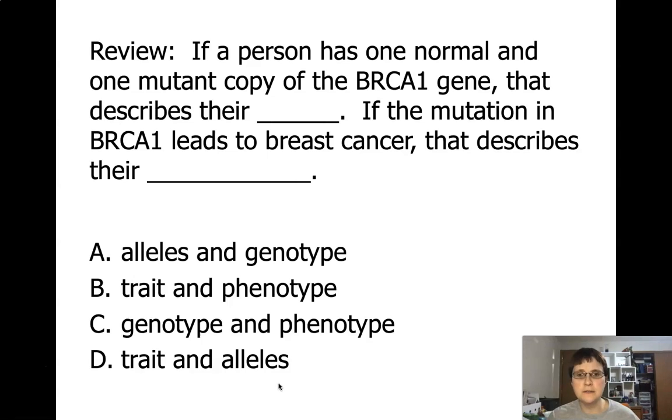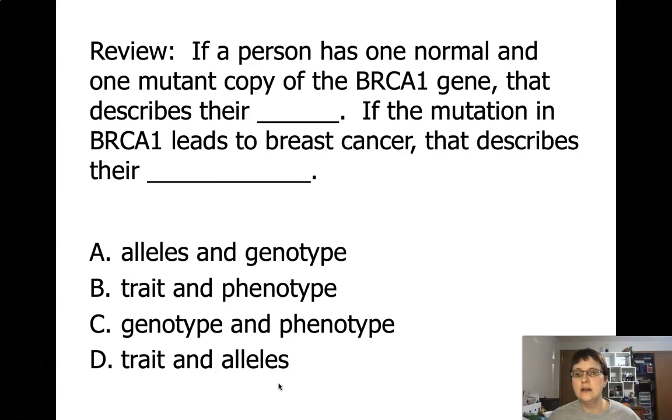So those are all your different options there. So if they have a normal copy and a mutant copy of this BRCA1 gene, that describes their blank. If the mutation in the BRCA1 leads to breast cancer, that describes their what?